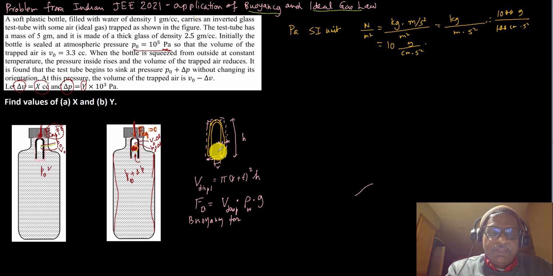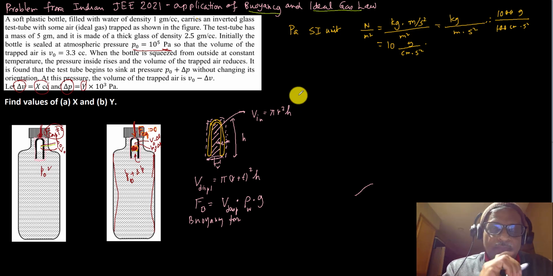Now, if you look at this situation versus that situation, you have an inside volume V in, which in total is pi r square h.